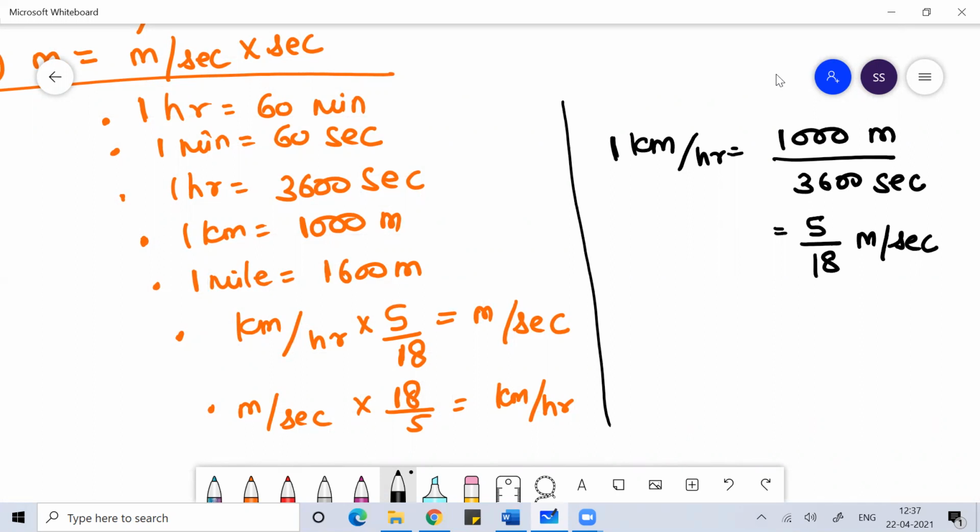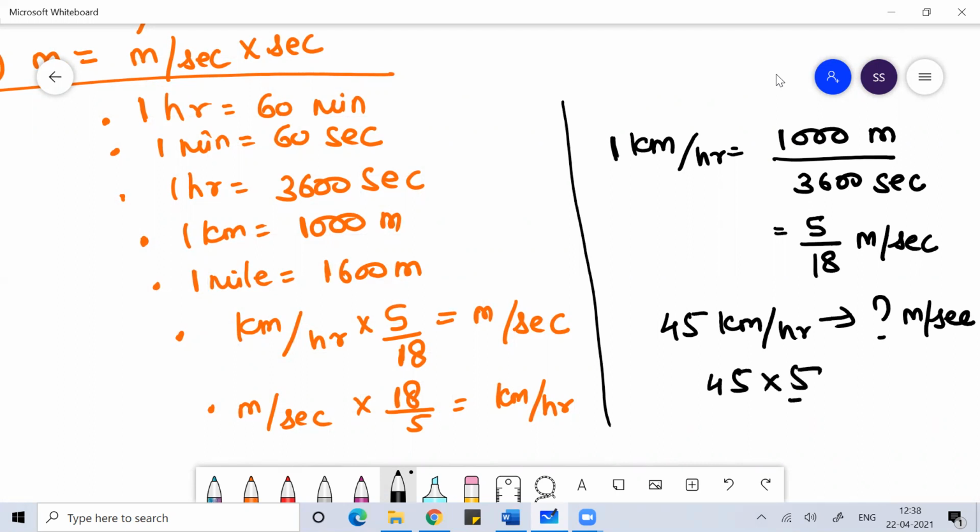So now suppose your speed is given as 45 kilometer per hour, and I want to convert this into meter per second. I'll multiply 45 with 5 by 18. So if I multiply 45 with 5 by 18, I can simplify, this is 9 5s, this is 9 2s.